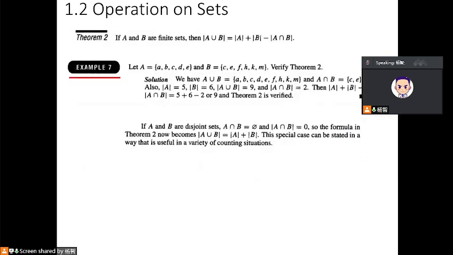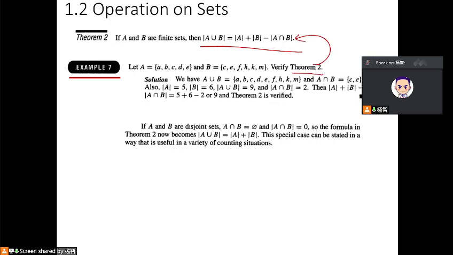Okay, theorem 2. This is the inclusion and exclusion theorem. Example 7. Let A equal {a, b, c, d, e} and B equal {c, e, f, h, k, m}. Verify theorem 2.